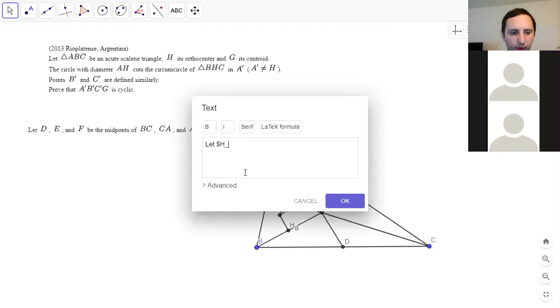Let HA be the foot of the perpendicular from H to AD.